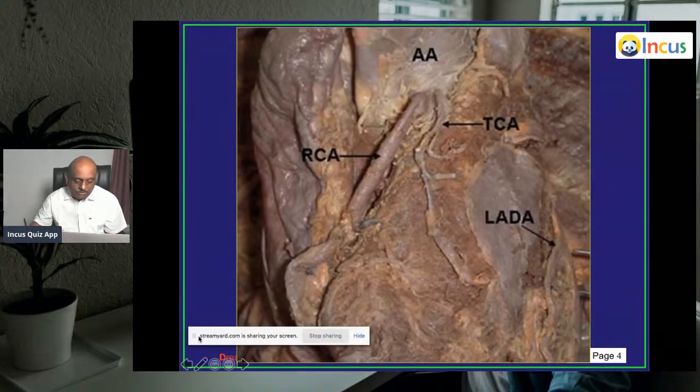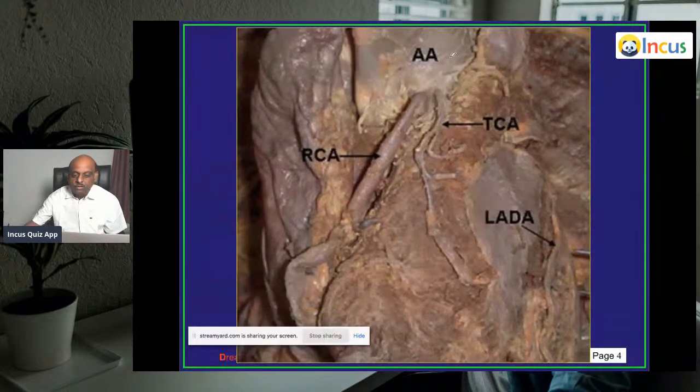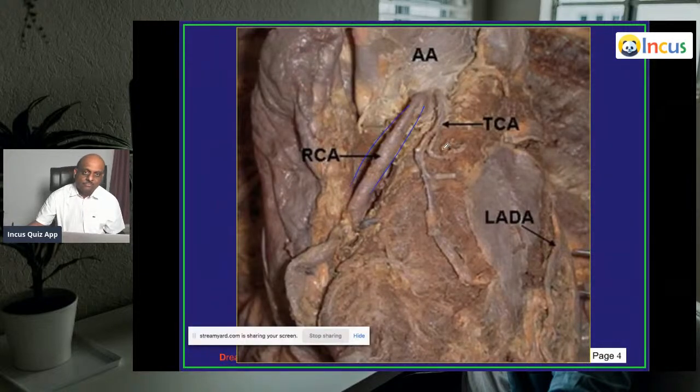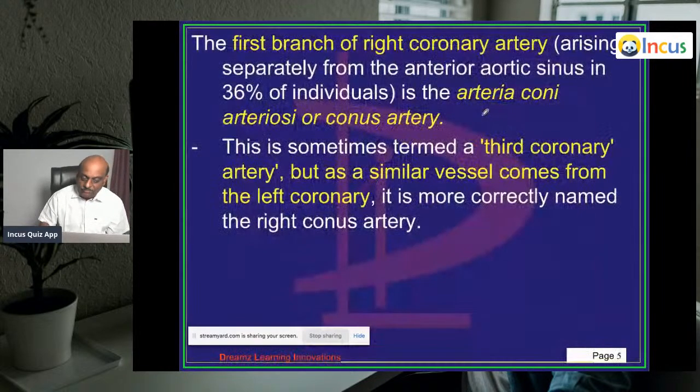So you should remember, you have the right coronary artery and arch of aorta. So there is a branch coming out of it which is called as conus artery.